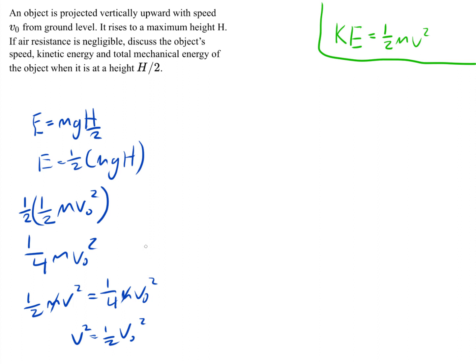And then you can just simply take the square root. And this is the speed of the object when it is at height h over 2 in terms of the initial velocity. So that is how you would solve this problem.